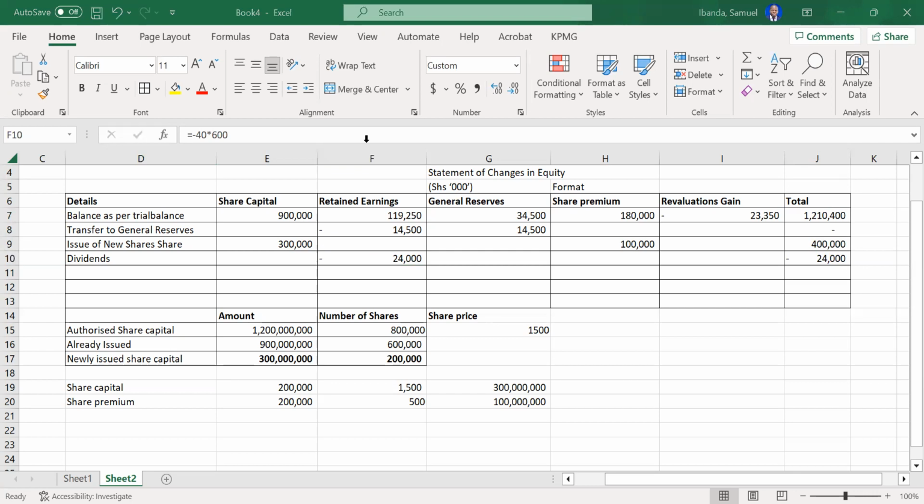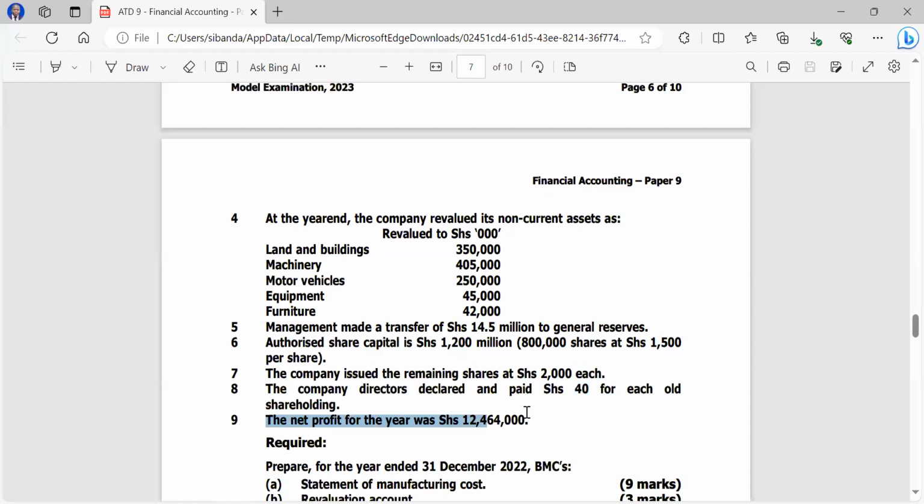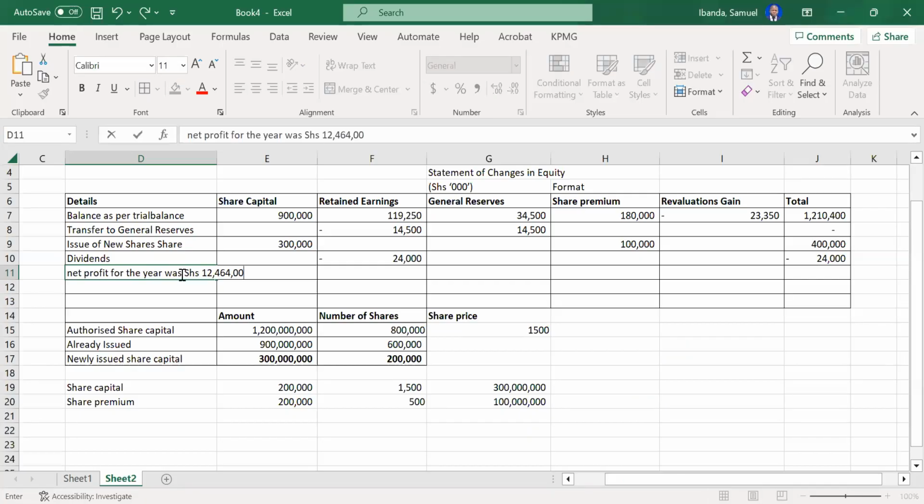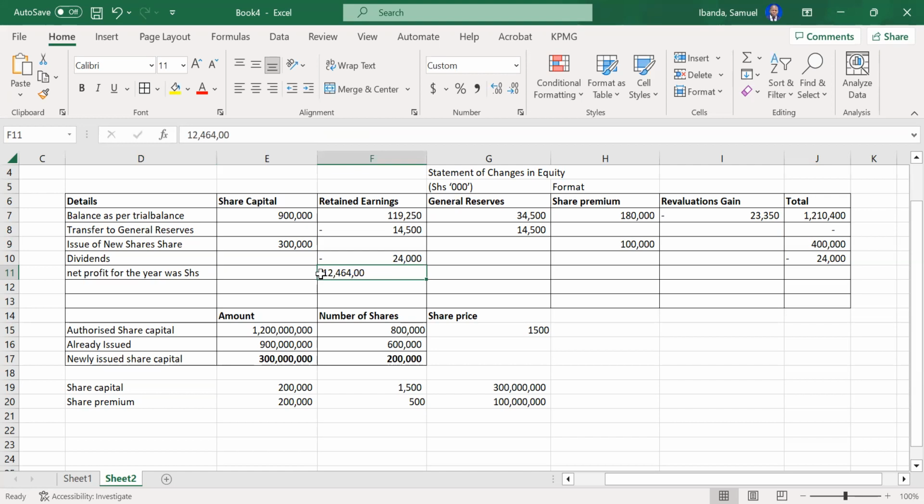Then the next thing that we also want to recognize, the last one, is the net profit. So the net profit for the year is also supposed to be recorded somewhere. So I'll just come and say my net profit for the year, I'll come and pick this value. It's recorded under the retained earnings because my profits increase the retained earnings.